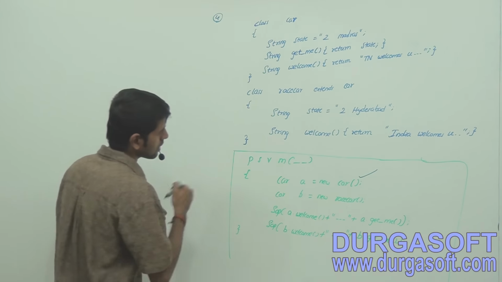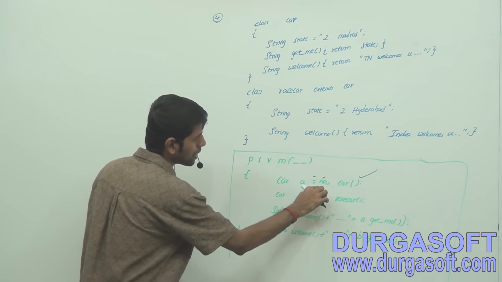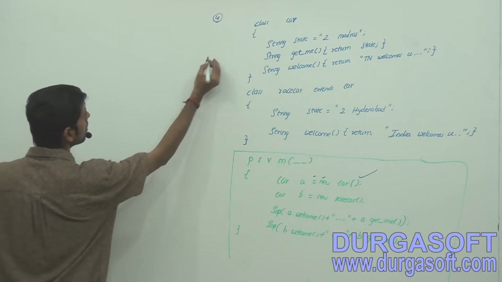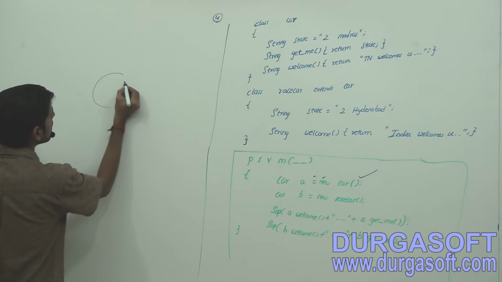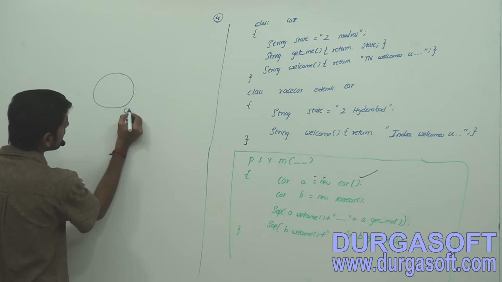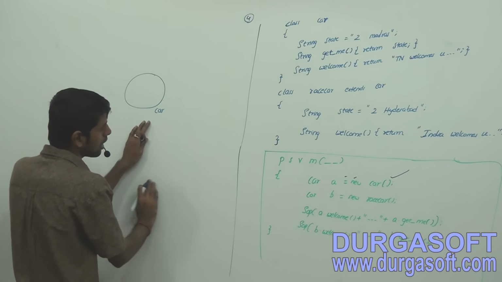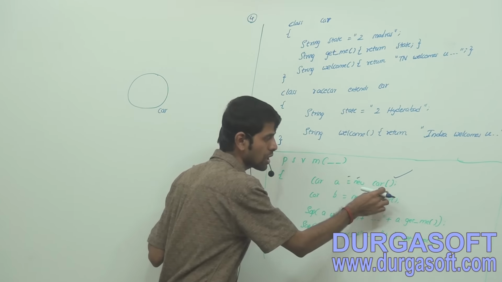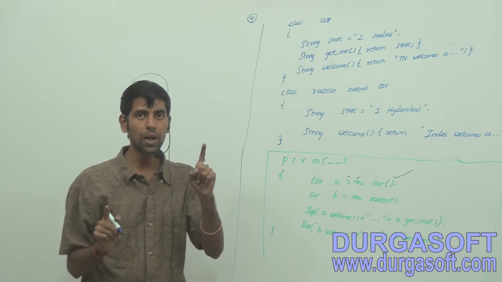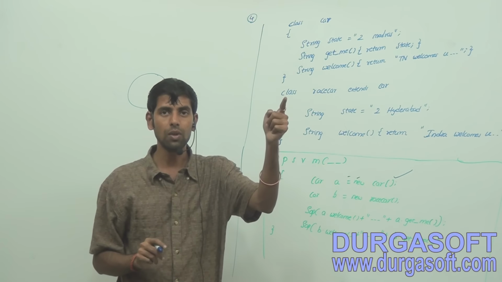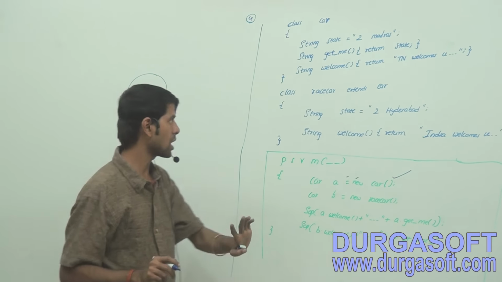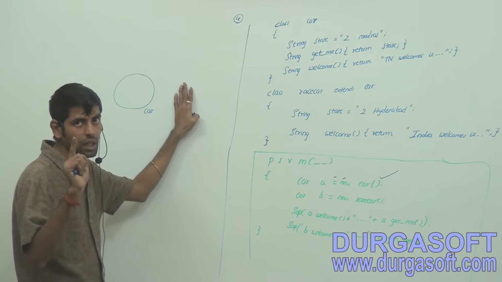This is one operator and this is also one operator. So now we have memory allocation for the Car literal, and because of constructor execution, whatever logic I used in our first example, the same logic I am going to use here also.